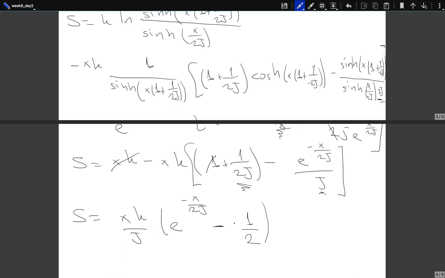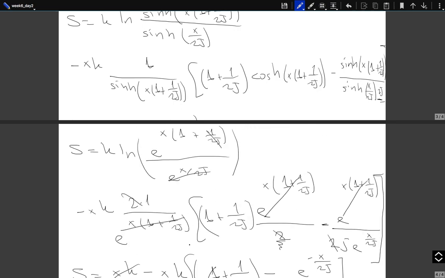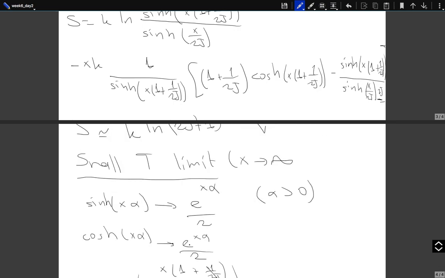Okay. Now, why are we looking at the limit that x goes to infinity? When x goes to infinity, the exponent goes to 0. So that is fine, but not that 1 over 2. So this time though, probably we have made some mistake in the limit procedure itself. So let's see.